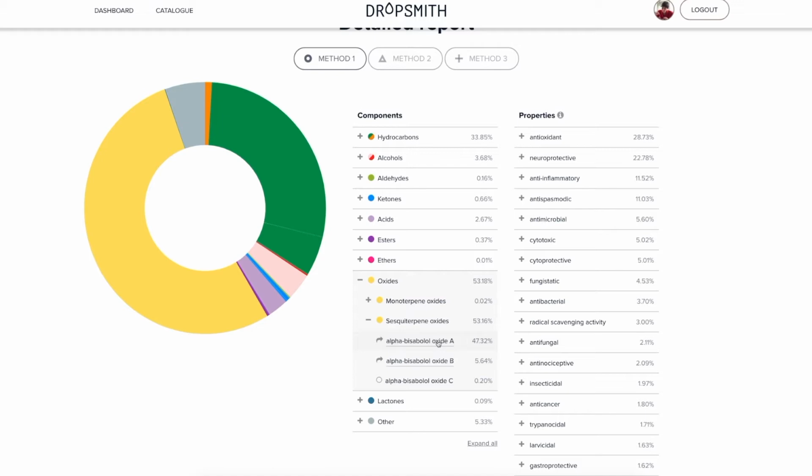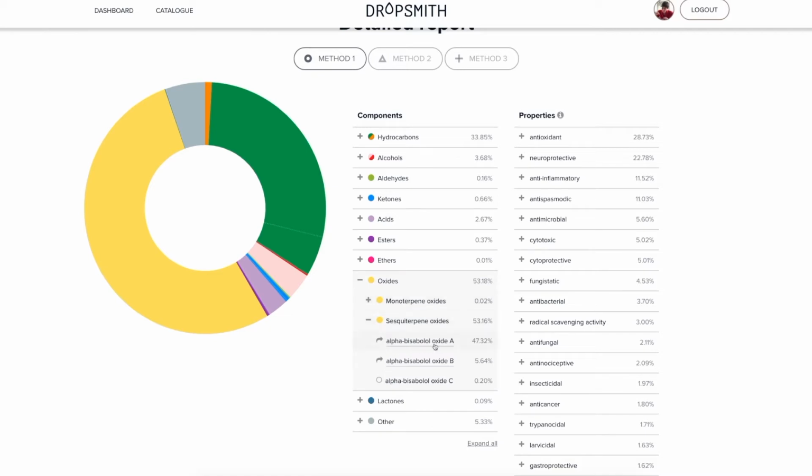So you can see just from that classification that bisabolol oxide is a bigger molecule, which gives it a different smell and some other properties and reactions a little bit different than the monoterpene oxides.